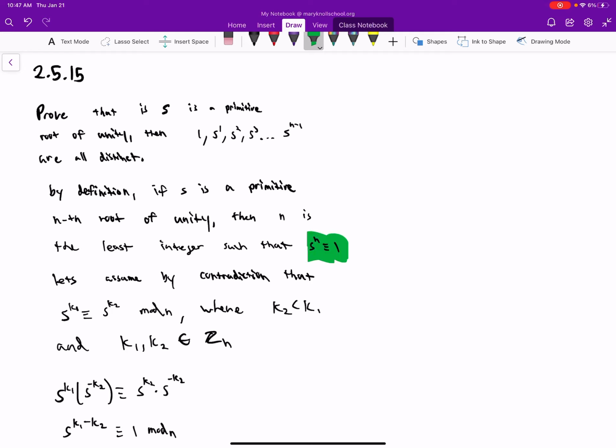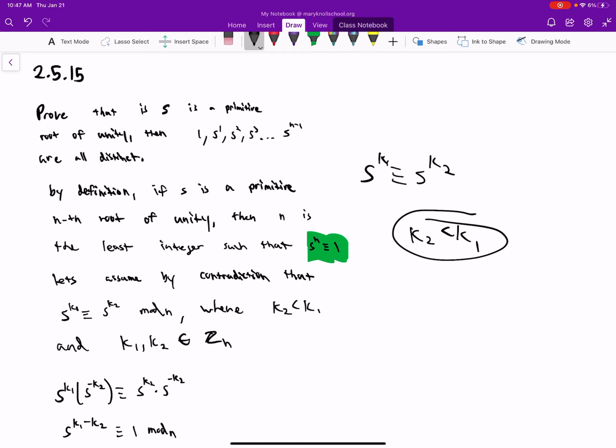So let's assume by contradiction that we can get something else. We can do an S to the K, and let's say it's equivalent to S to the K1 and K2. And let's also say that K2 is less than K1.